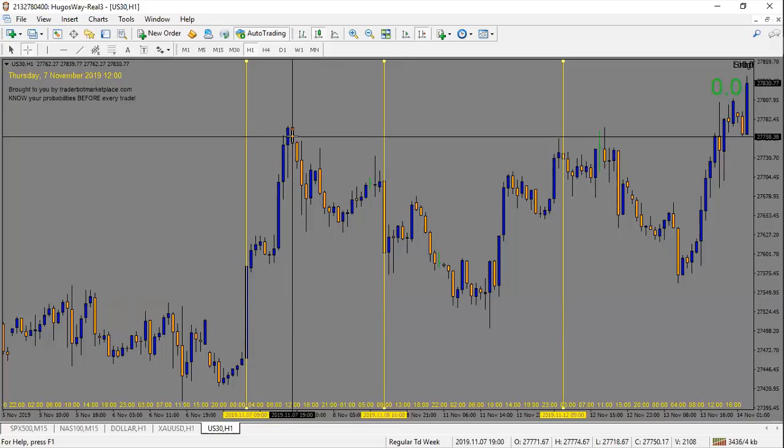Not to say you can't catch any moves, because I like trading US30 around this time. I know I don't have to worry about anything crazy happening, and I can catch 200 pips easy.